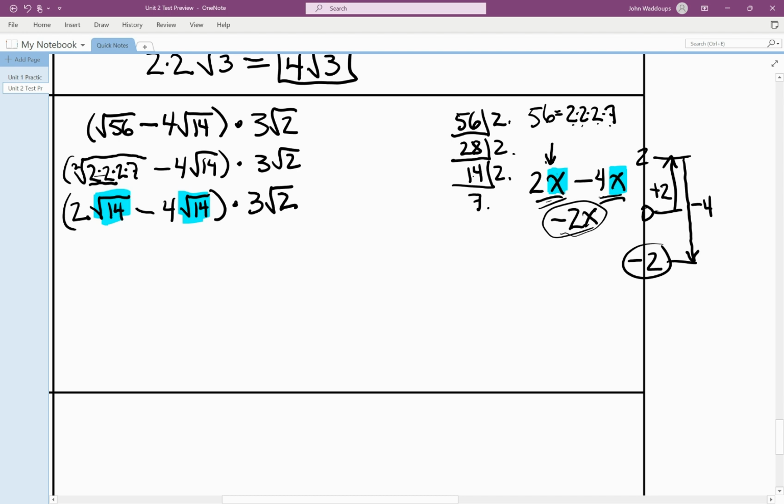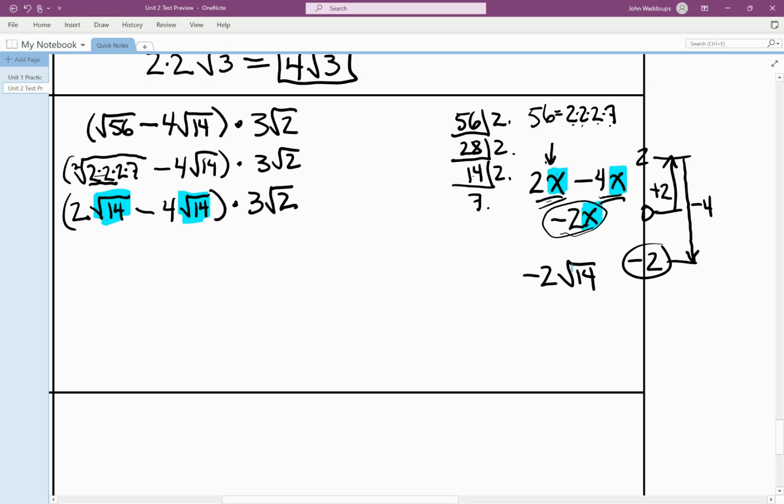But then let's keep in mind, we don't actually have 2x. We've got the square root of 14. So then I could say negative 2 times the square root of 14.